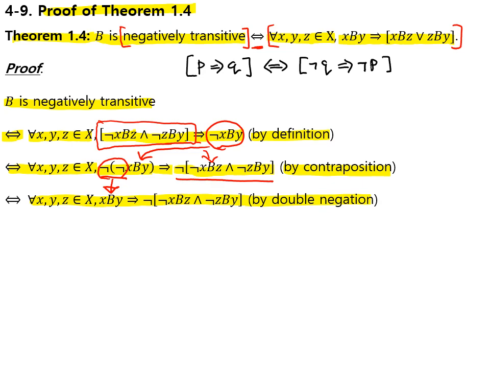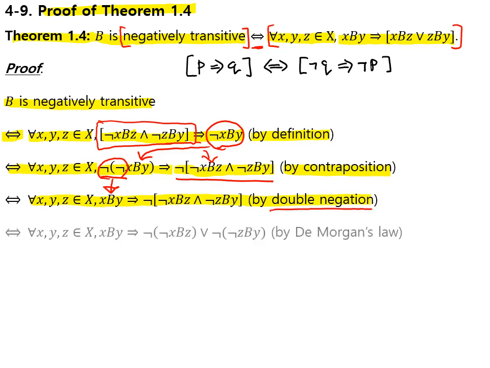Next, we use De Morgan's law to distribute the negation sign into the parenthesis, so this expression changes into that.